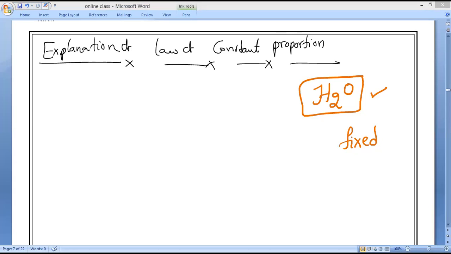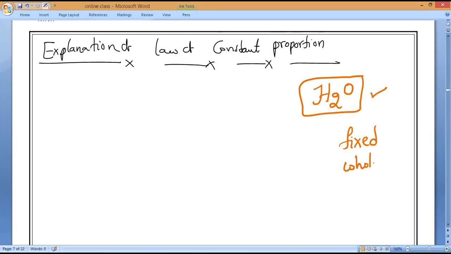Fixed. 8th point and 9th point: during chemical combination, atoms of different elements combine in small whole numbers to form compounds. So compounds always form by the smallest whole numbers. No big numbers and ratios will react in a chemical reaction. So during the formation of compounds, different elements always combine in a fixed ratio. So that is the explanation of the law of constant proportion.